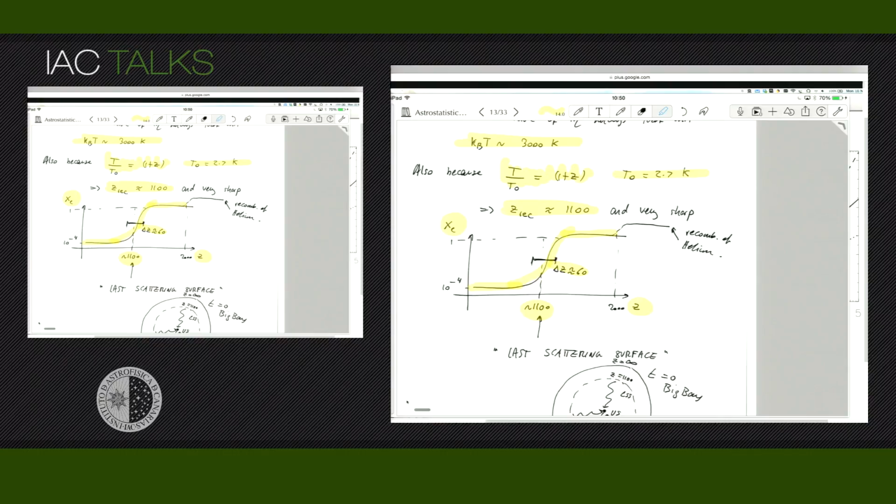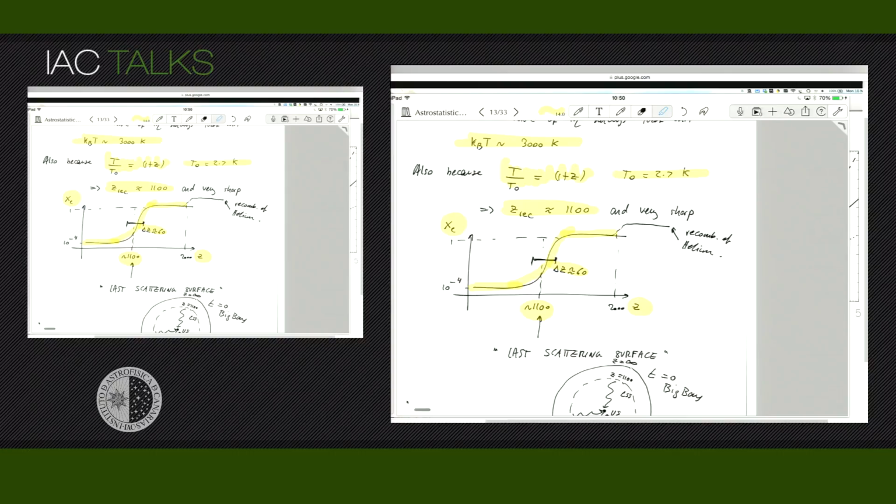And that is why we get a sharp view of the last scattering surface through the CMB. If this delta z was much bigger, if recombination was a much more gradual process, we would get a much more fuzzy, smudged out picture of the CMB, which would not be nearly as useful in terms of determining the cosmological parameters.